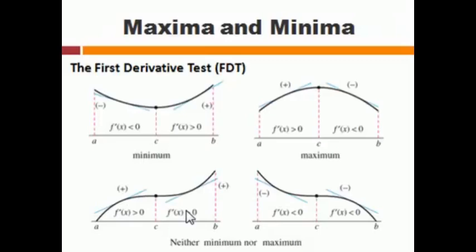In this other example, the slope is negative, leaning to the left, then after the interval it is still leaning to the left, where f prime x is still less than 0, so you have neither maximum nor minimum.